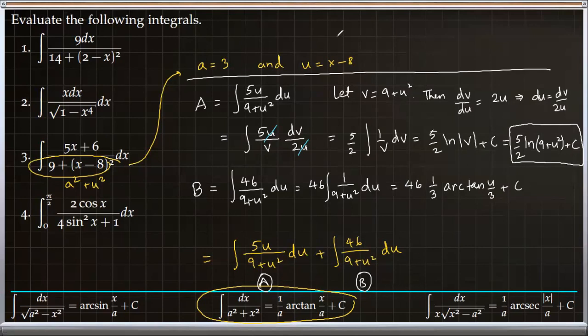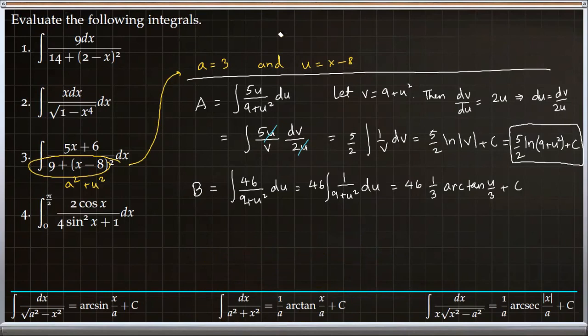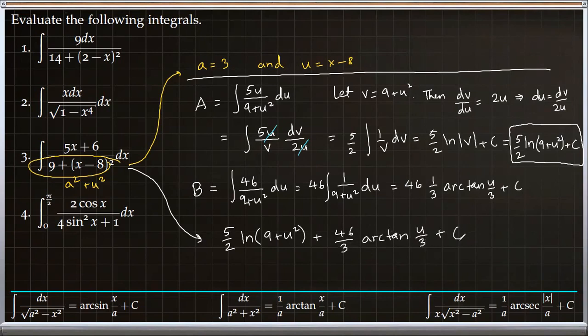I'm going to erase this part here. Therefore, this integral is simply 5 by 2 natural log of 9 plus u squared plus constant. We have plus constant in both of them. We'll just use one of them. Plus 46 by 3 arc tangent u by 3 plus constant.